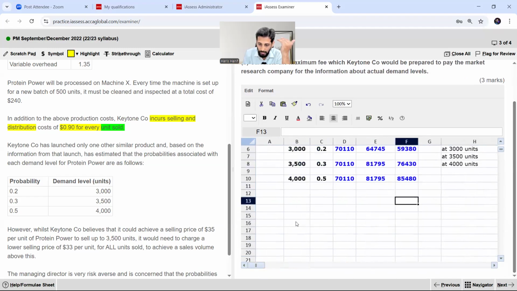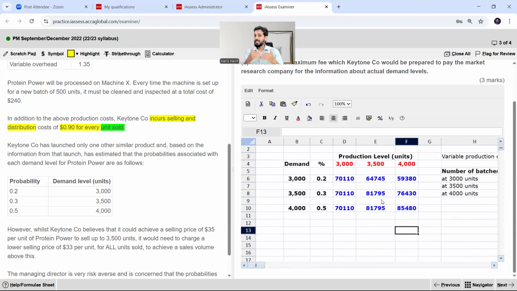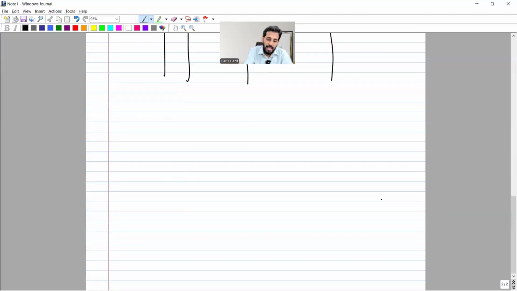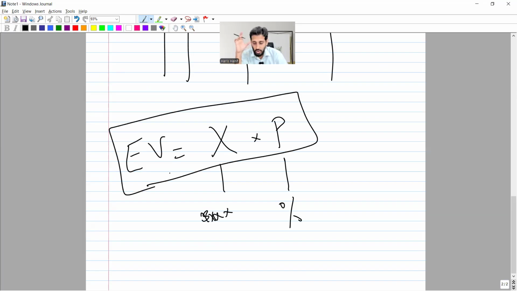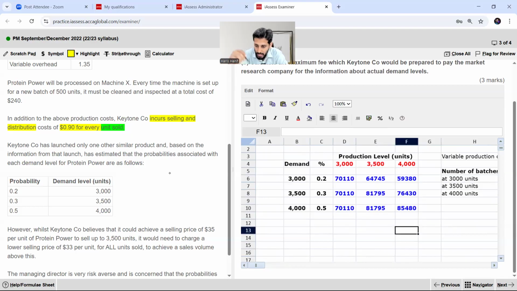Simply, you need to refer to the payoff table. Expected values. What is expected value? Expected value means, if I can show you on my rough page, expected value means this is my EV, that is whatever the amount you have to multiply with P, that's called probabilities, right? So if I can go to the 3000, now let's say for example, I have to calculate expected values.